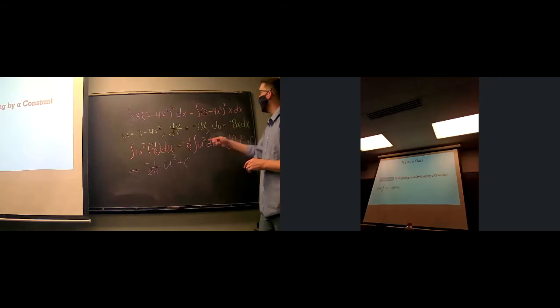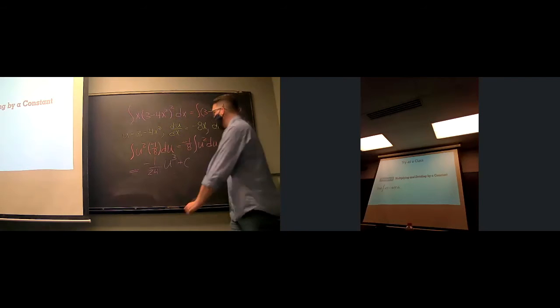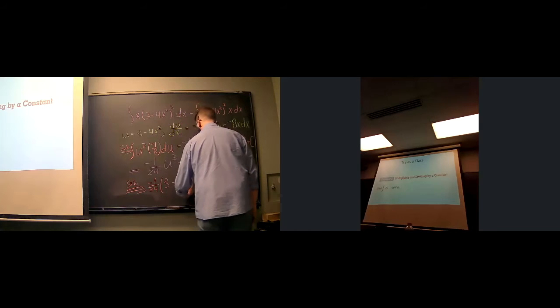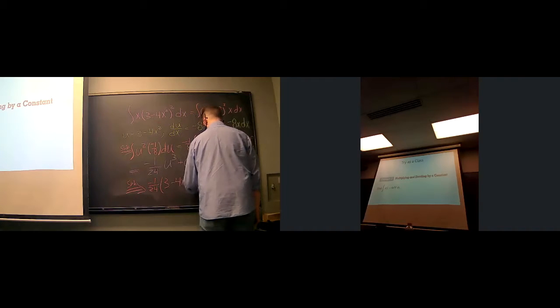Now we're going to substitute our u back in. When we do that, we're going to get 1 over 24 times 3 minus 4x squared, cubed, plus c.